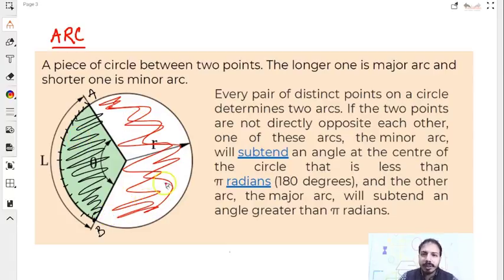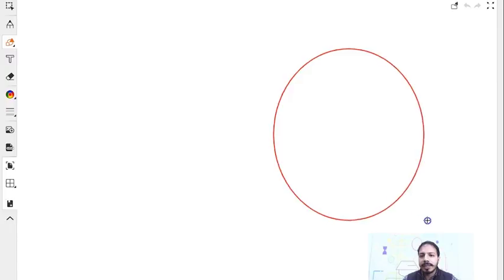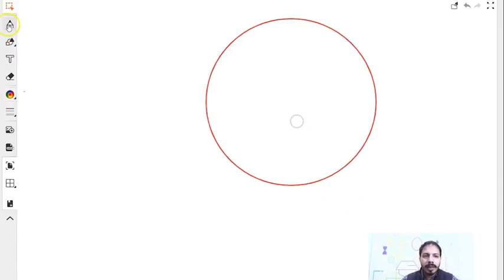So basically these names are given so that we don't get confused when they say that this arc subtends an angle. What are the types of confusions? Suppose I tell you I have a circle and I have an arc AB, and I have a center O, and at this center O, this arc subtends an angle AOB.